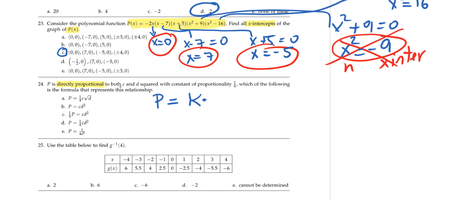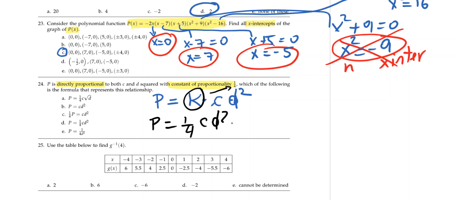So it says it's directly proportional to both C and D squared, so it's going to be K times C times D squared. And they are telling us that K, the constant of proportionality, is 1/4. So basically, the formula is going to be P equals, instead of K, we put 1/4 C D squared. So the answer is D.